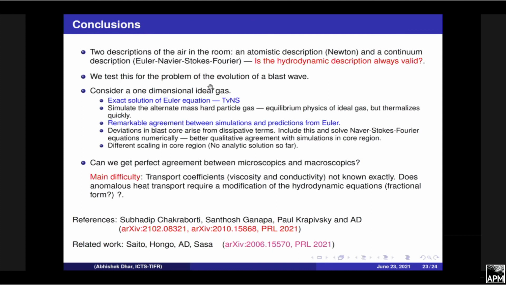Okay, so basically the main idea is that there are two descriptions of, let's say, air in the room: an atomistic description and a continuum description. A continuum description is of course an approximation, but how good is this approximation? We test it in an extreme example, this blast wave, in a one-dimensional case.